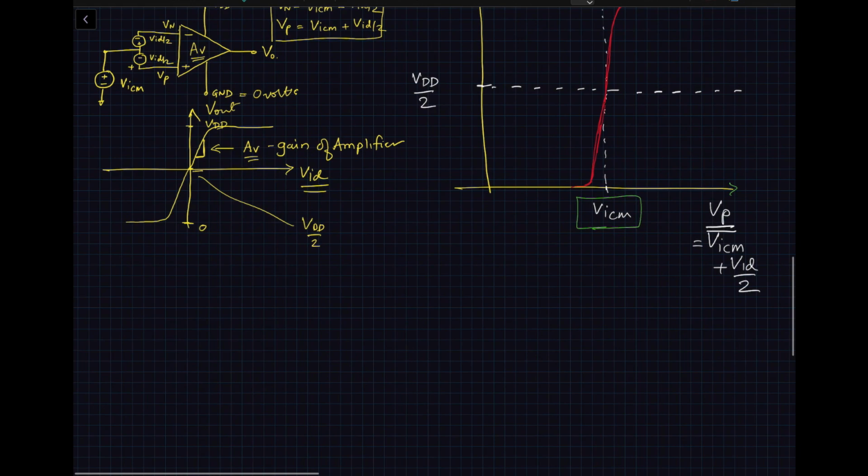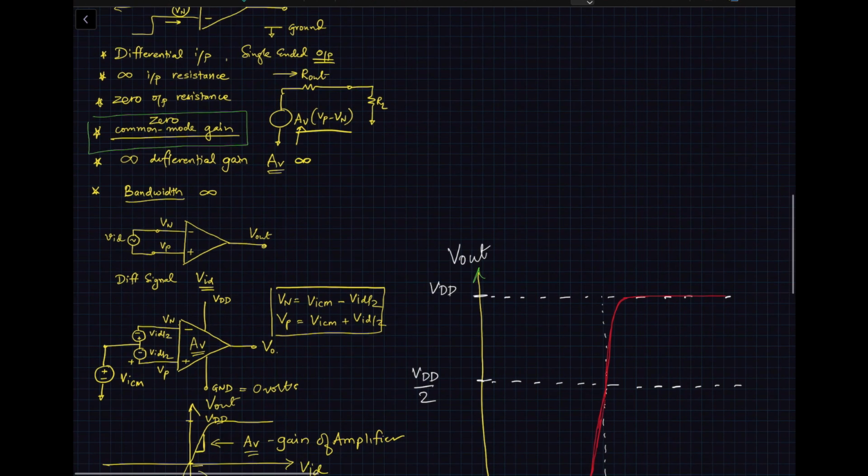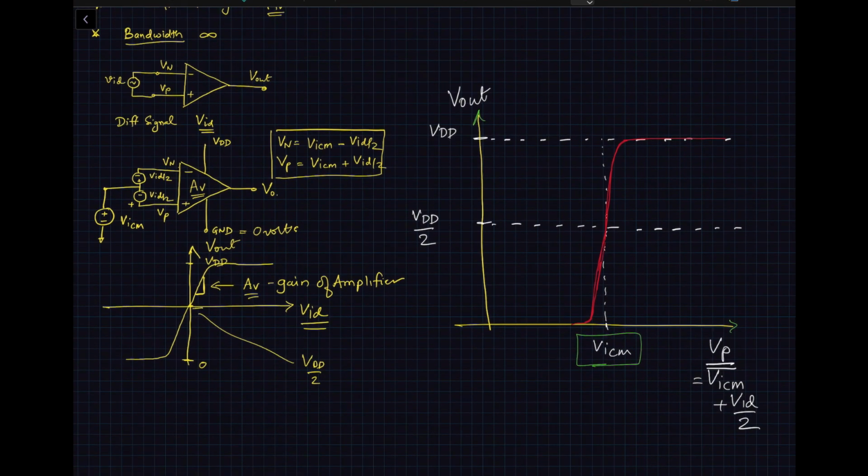As I said earlier, we would like to have zero common mode gain, which means that if Vicm changes, we don't want the output to get affected. That's the key point I'm trying to make here. So let's say we changed the Vicm from VDD by 2 to maybe 3 VDD by 4, something like that.